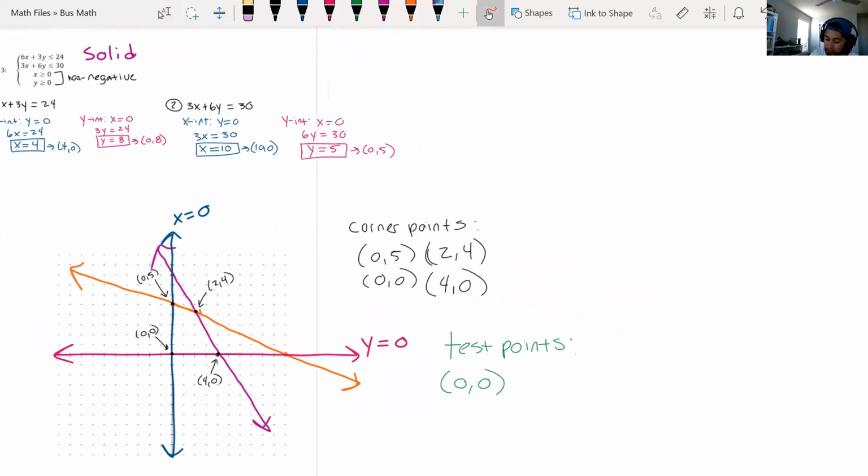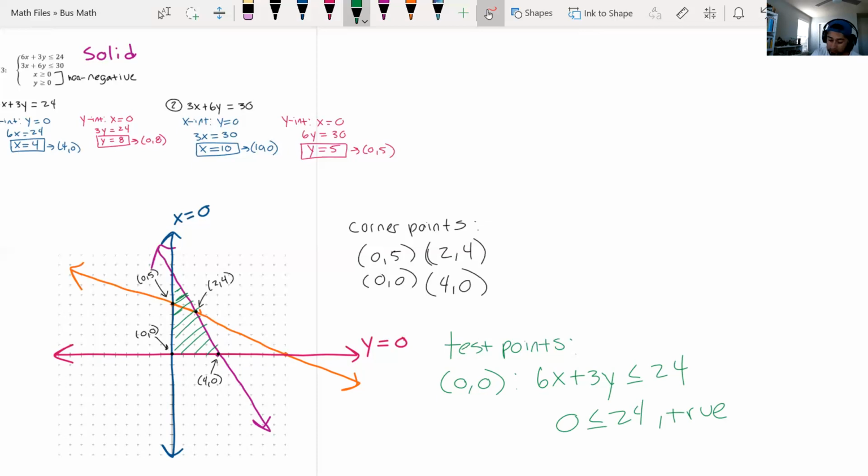So I'll start with the first function, 6x plus 3y less than or equal to 24. And you plug in 0 and 0, you'll get 0 less than or equal to 24, which is true. Which means for the purple line, I would start shading down. There we go.